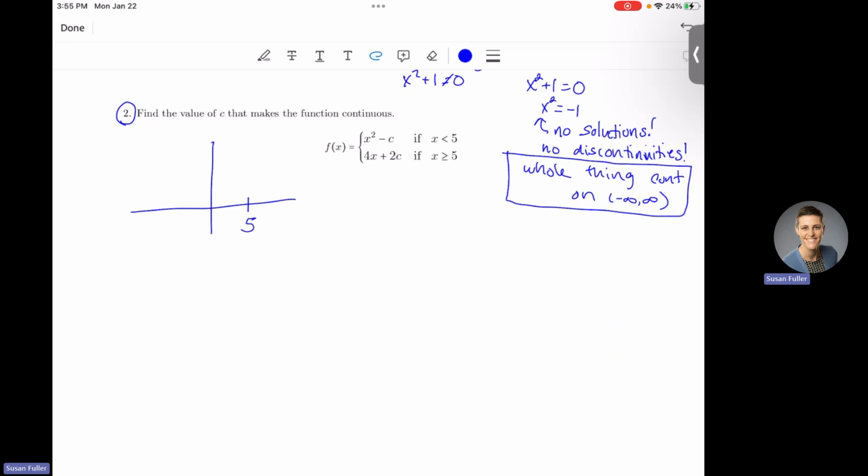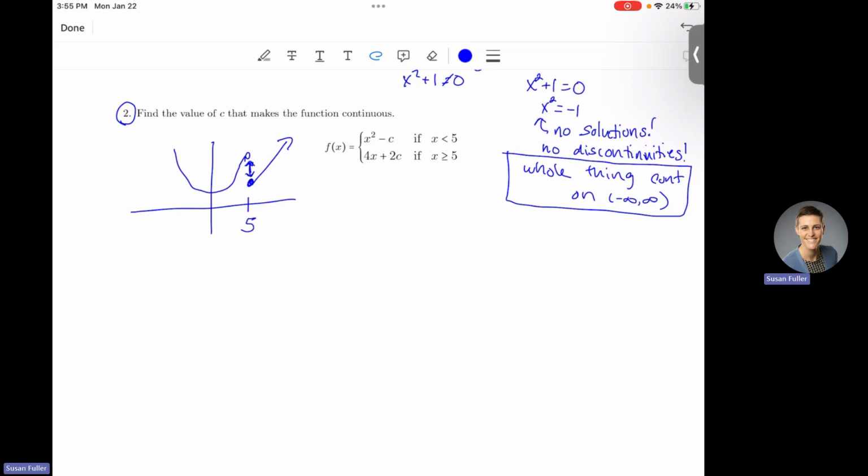We're going to look like one function on this side of 5, and then we're going to look like another function on that side of 5, right? In order for this to be continuous, I need these 2 points to be exactly the same.